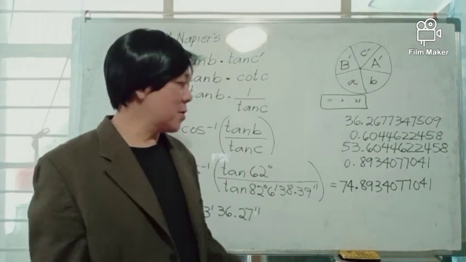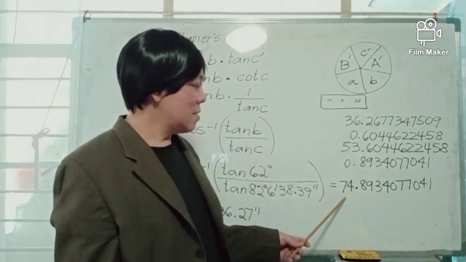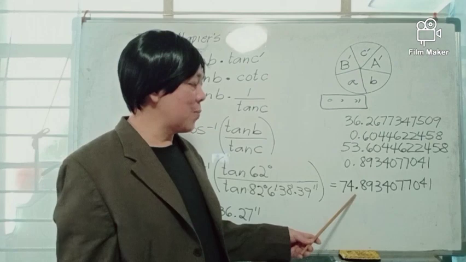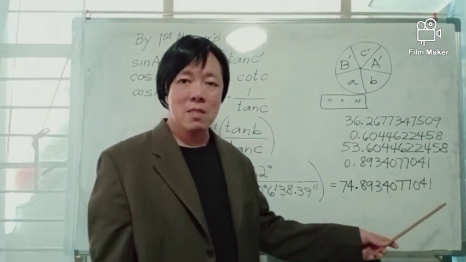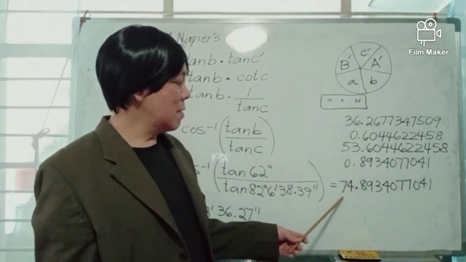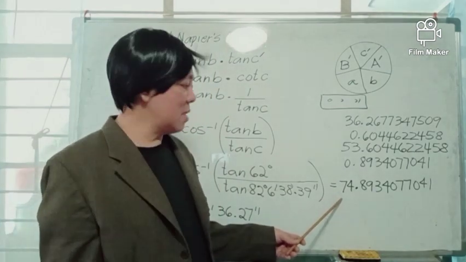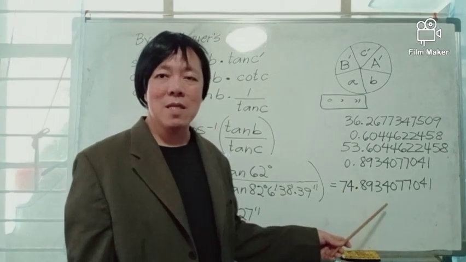If we want the answer to two decimal places, the answer should be 74.89 degrees. This number is in degrees. To two decimal places, our answer will be 74.89 degrees.